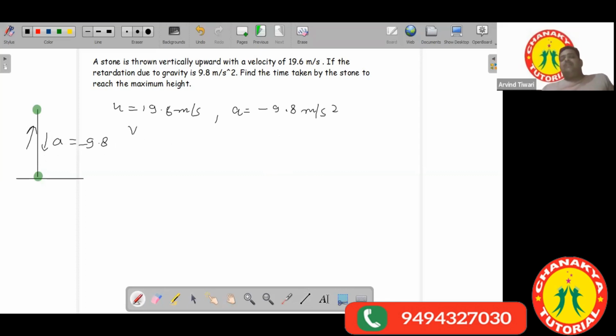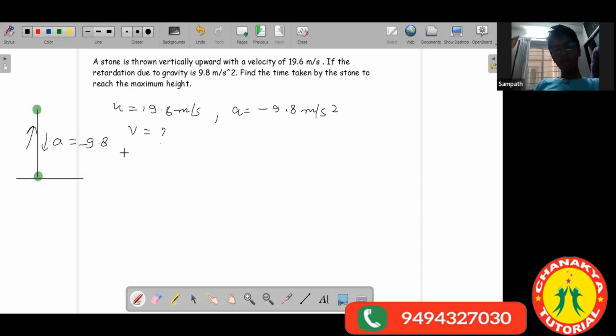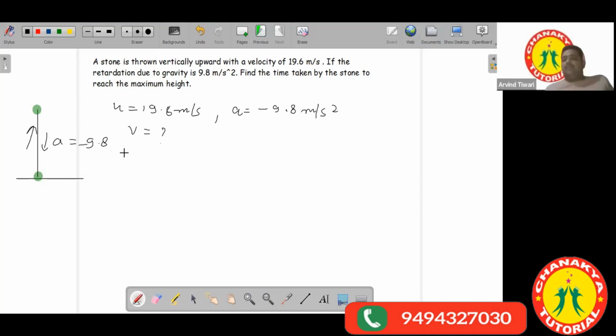Now, what is the final velocity? It will be 0. When the ball reaches upward, its speed decreases. There is a time at which this ball has 0 velocity.